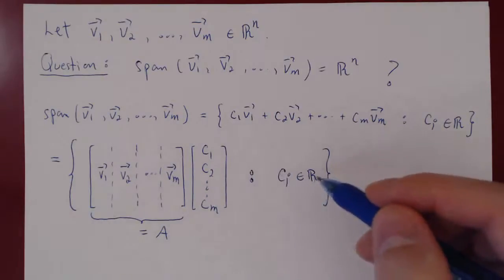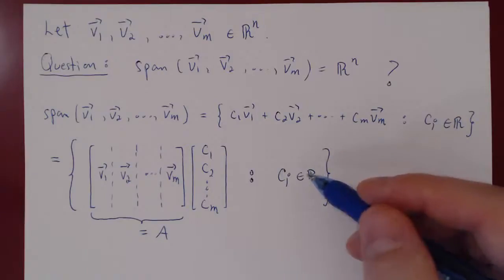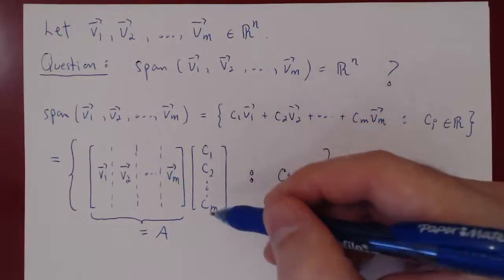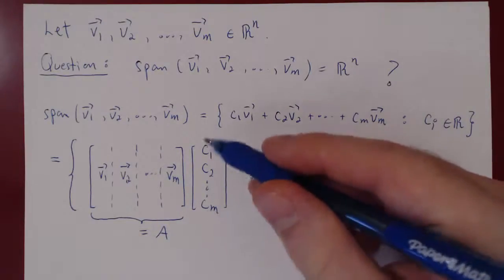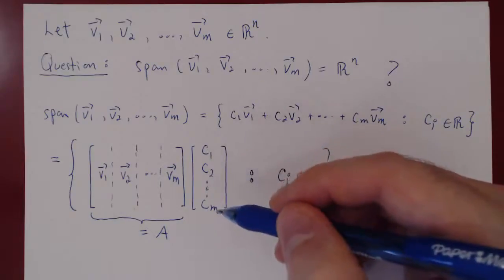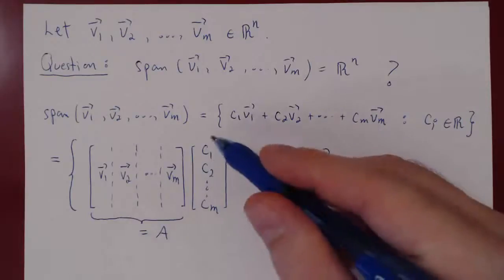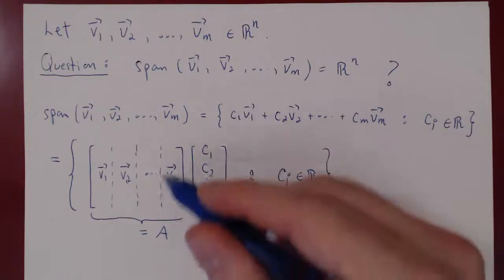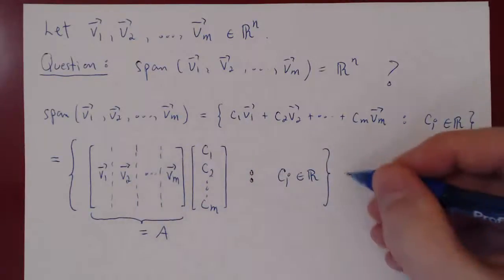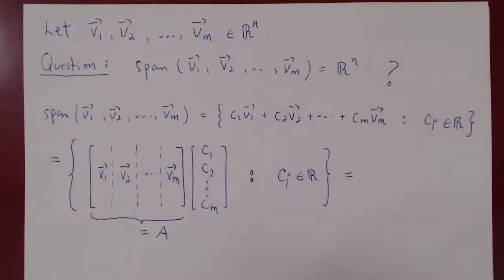Because ci can be any real number for any given i, we get here all possible column vectors with m components. And what we do is take the set of every possible vector in Rm times this fixed matrix A. And we have a very special simple notation for this.